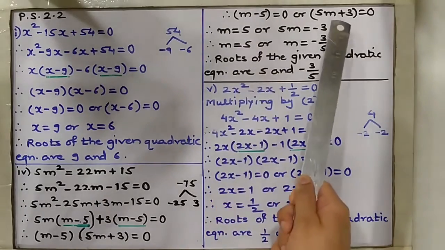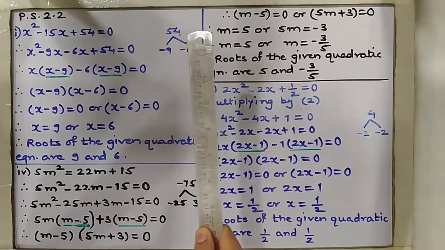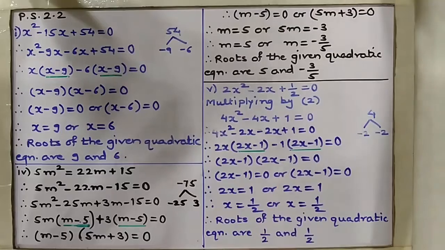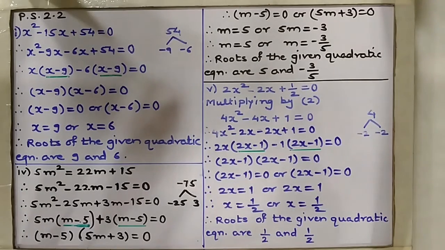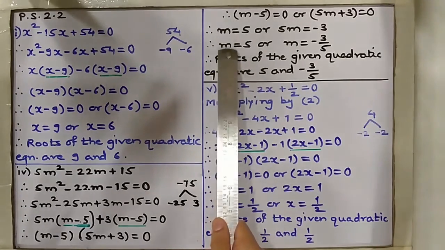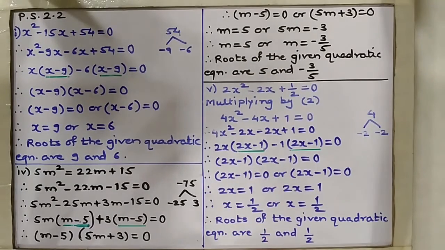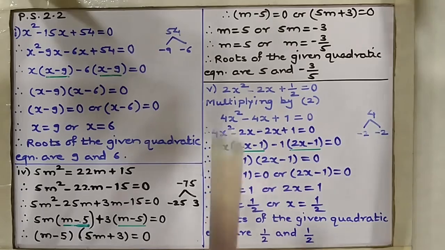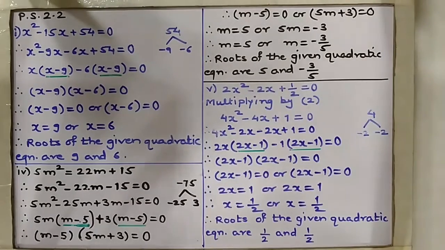Or from this you will shift plus 3 to the right hand side, so it will become 5m equal to minus 3. So 5 will go on the right hand side and you will get m is equal to minus 3 upon 5. So the value of m is equal to 5 or m is equal to minus 3 upon 5. So roots of the given quadratic equation are 5 and minus 3 upon 5.